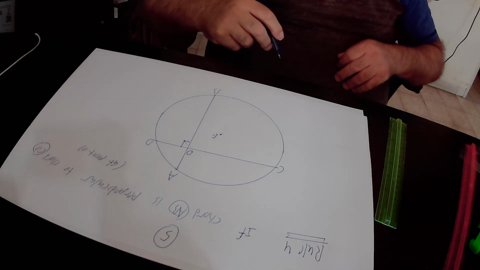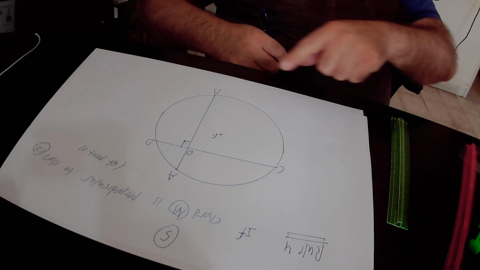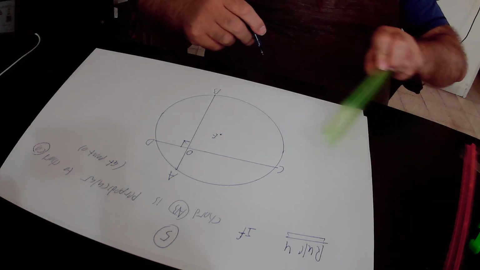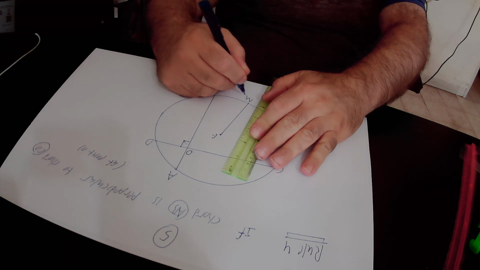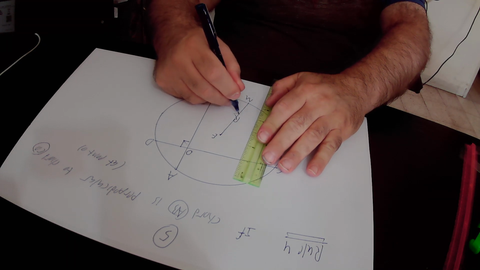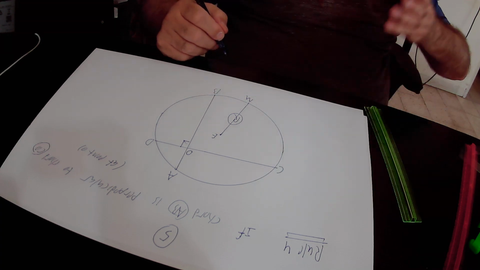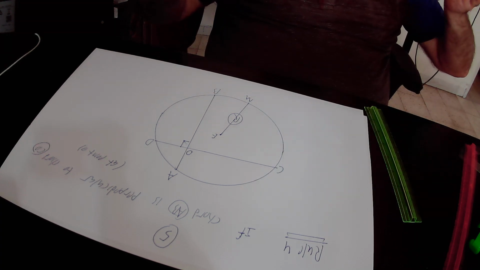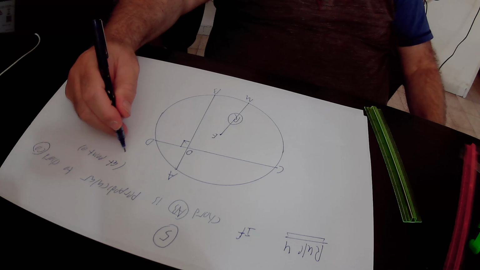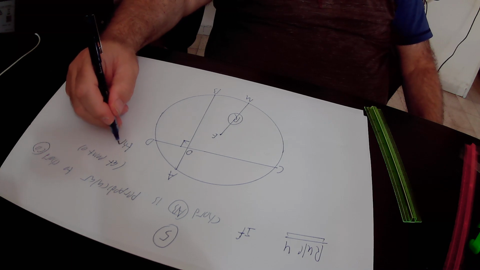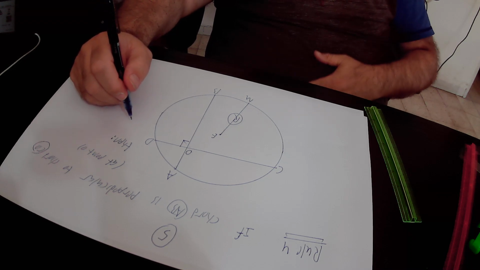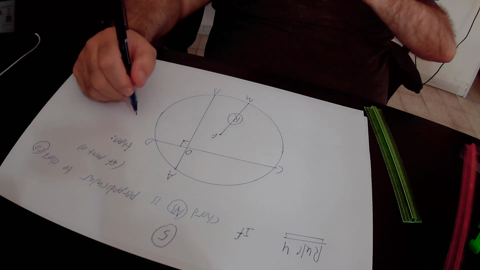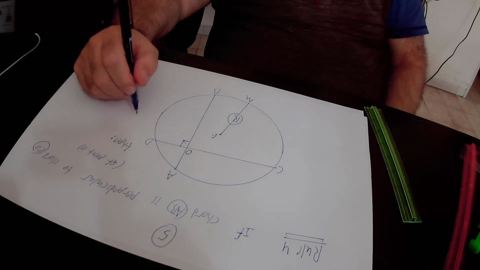and we also know that point E is the center of the circle, therefore EM will be the radius of this circle that we will define as capital R. Then if we have two chords that are perpendicular to each other, the following formula will be true. We can use it to find the radius of the circle that contains the two chords.